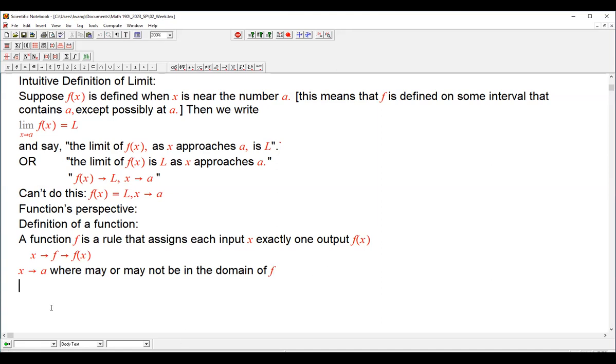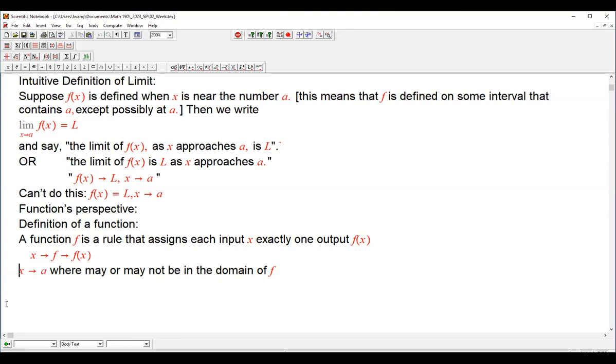When we do that, you can see one number approaches another number A, and it's a dynamic process. It's a moving process, getting closer and closer and closer, but never touching it.